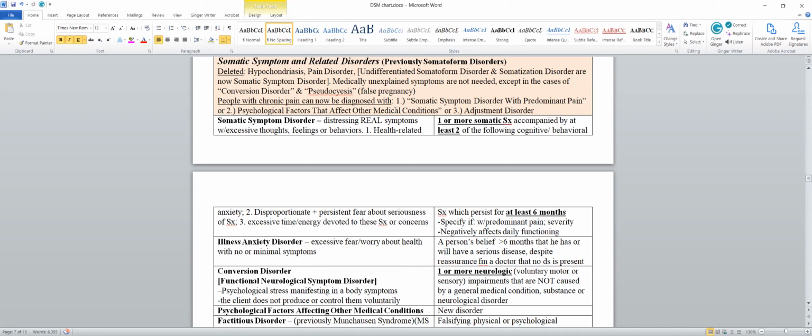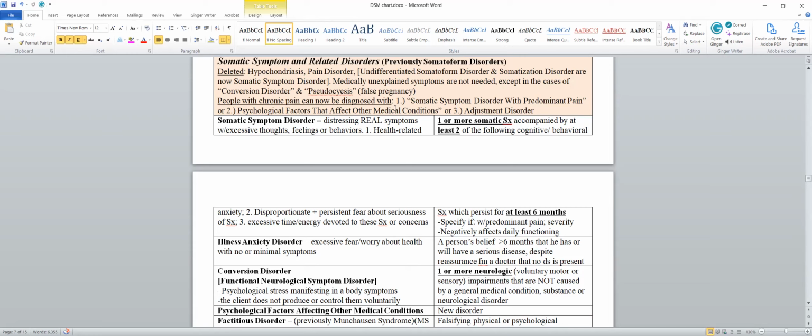So the diagnostic criteria is 1 or more somatic symptoms accompanied by at least 2 of the following cognitive behavioral symptoms, which persist for at least 6 months. And I had listed those off.